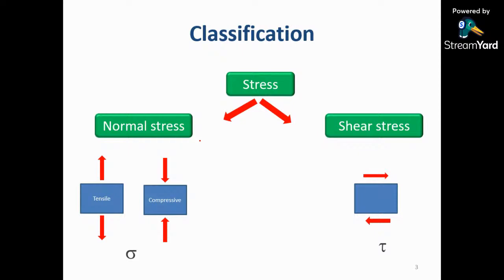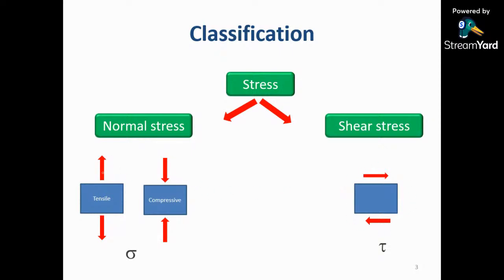So how can you classify this? Based on what parameter are you classifying stress as normal as well as shear? The parameter is how the applied stress is acting on the material. What is the difference you observe between these pictures?